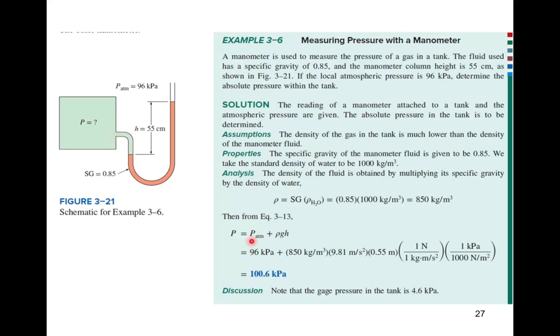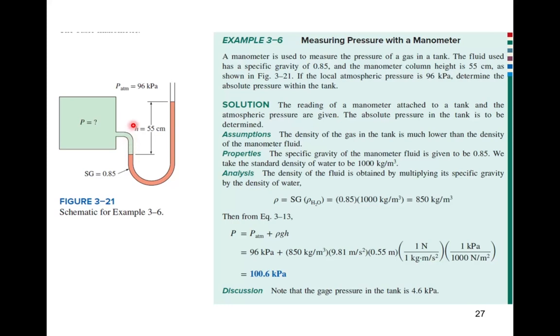So we have one atmospheric pressure, which we add to it, and then we now need to estimate. The assumption here is that the density of the gas in the tank is much lower than the density of the manometer fluid. Because this is gas, we ignore the pressure due to this one.